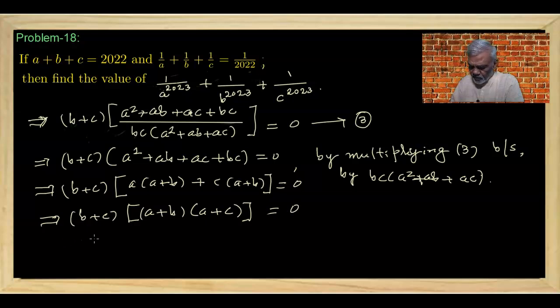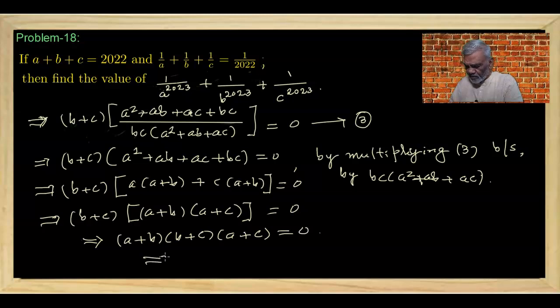Finally, we can write down a plus b into b plus c into a plus c equal to 0.